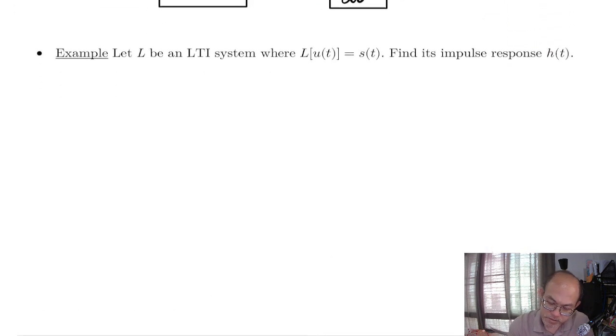Now, this will come in very helpful. For example, let L be an LTI system where the zero state response from the unit step is equal to S. So S is the unit step response of the system. This S is called the step response.